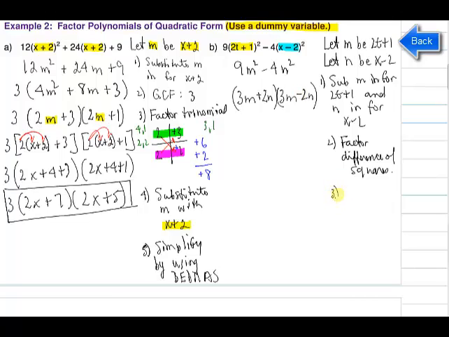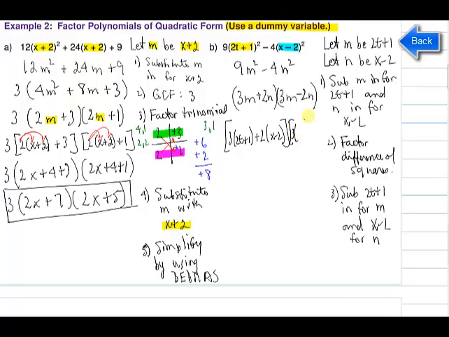Okay, and our next step is to sub 2t plus 1 in for m and x minus 2 for n. Okay, so I'm going to use square brackets again. So square brackets, 3 times 2t plus 1, right, small because there's not a lot of room, 2 times x minus 2 second, I am running out of room.